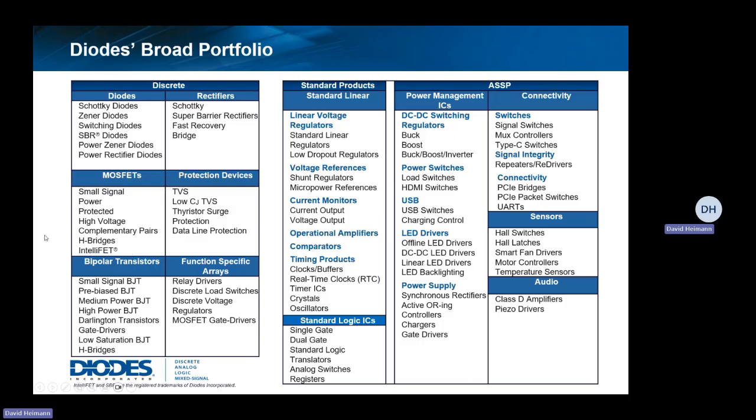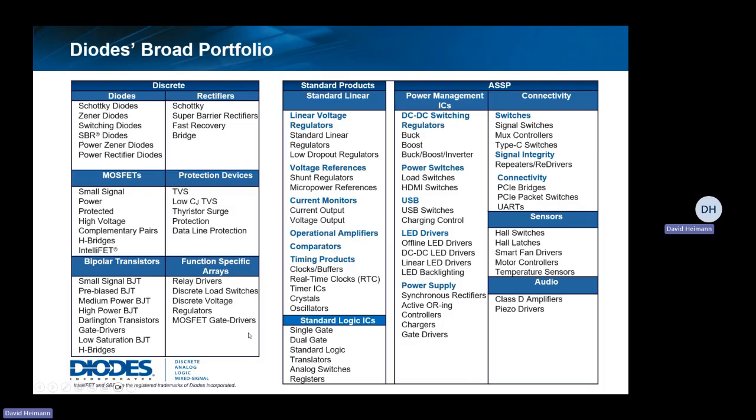So we have some very high performing MOSFETs, and they're very cost competitive. We also have a portfolio of TVS and protection devices, for power line and data line applications. We still do bipolar transistors of all different types, and relay drivers, gate drivers, and that sort of thing.